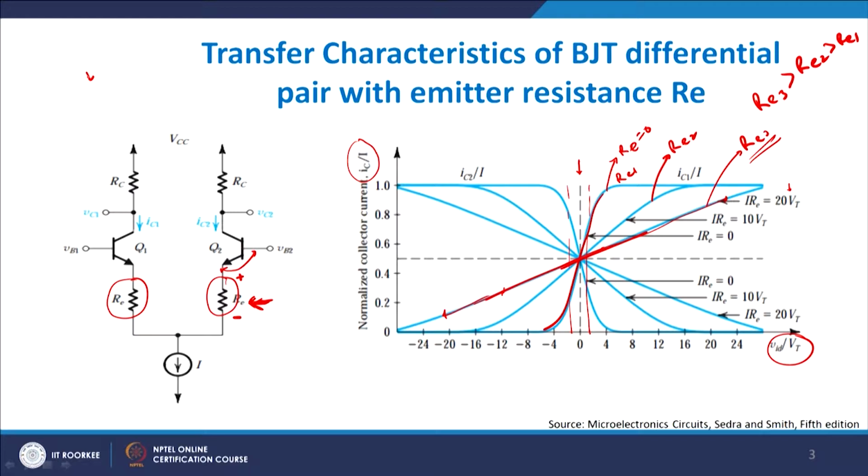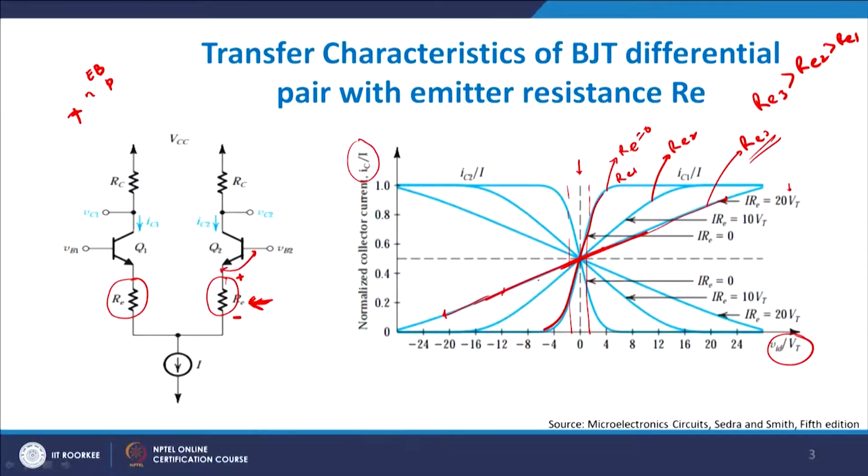So, if you give a positive potential on the N side, you are reverse biasing the emitter base junction, and once you reverse bias it, what happens? The gain falls down, because you are not letting a large amount of emitter current come across, and therefore your collector current will also be small. That is the reason your gain starts to fall down when you insert Re, and you see your GM values reducing.